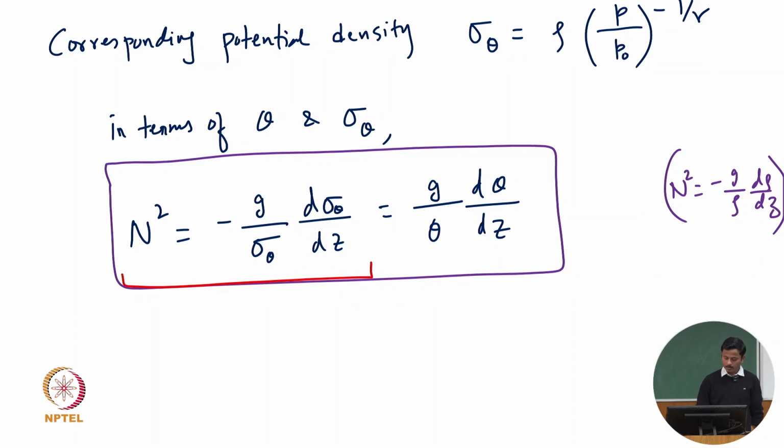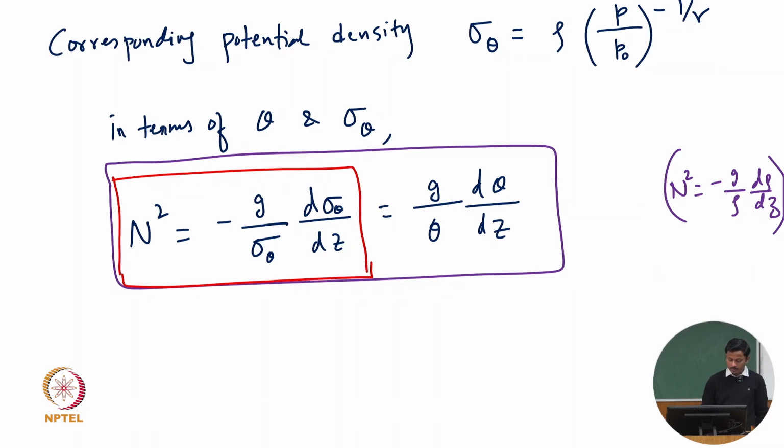So this shows that the potential density effectively includes the effect of compressibility. This kind of a formulation, representing it in terms of potential temperature and potential density, allows us to consider this compressible fluid as an incompressible medium. So loosely speaking, potential density includes the effect of compressibility also.